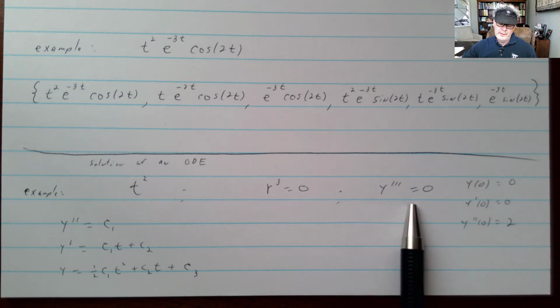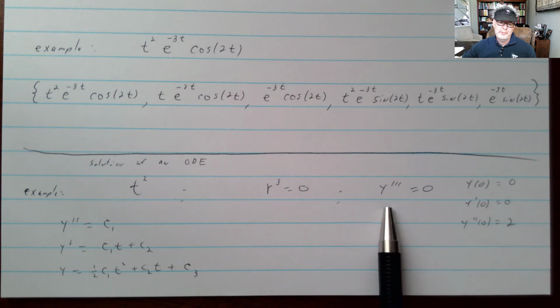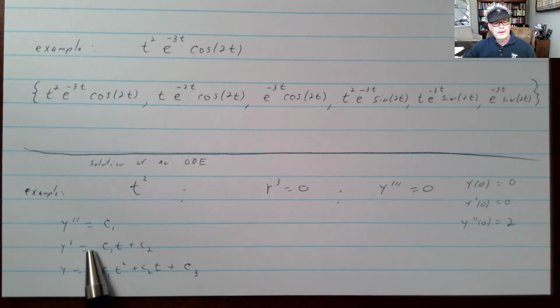This one you would have been able to solve in Calc 1, right? If y triple prime is 0, you can just anti-differentiate both sides, and that would tell you y double prime is a constant, and then anti-differentiate again, so y prime is a constant times t plus c2. So this is like an end of Calc 1, when you learn about antiderivatives, type problem. Anti-differentiate one more time, and you get a general quadratic.